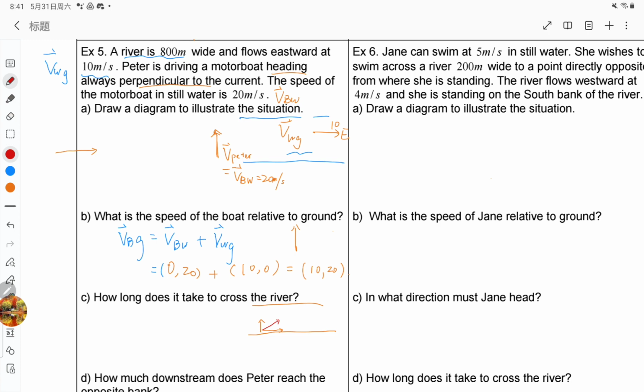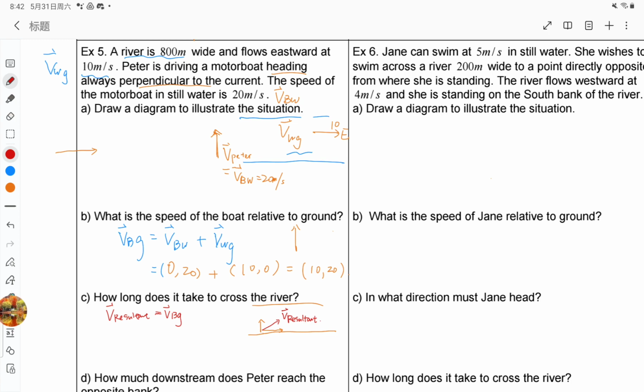The resultant velocity is also heading this way, right? V resultant is also heading this way. But however, V resultant is just our V relative to the ground, right?